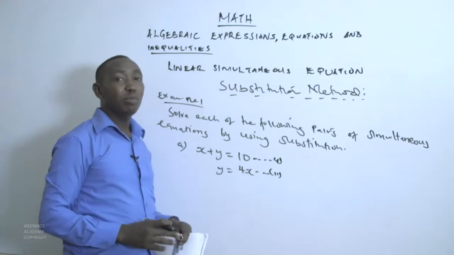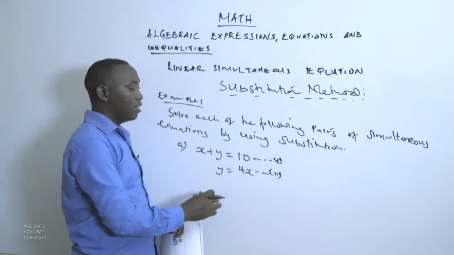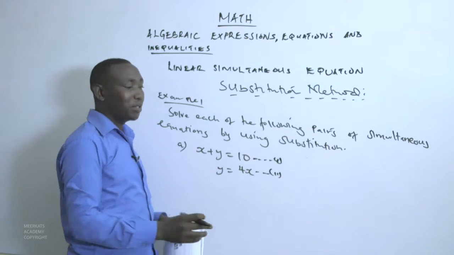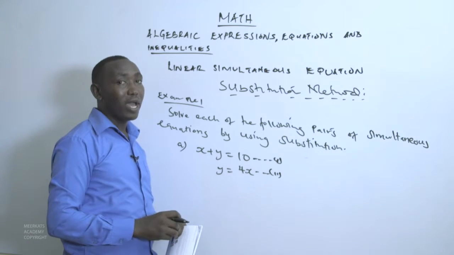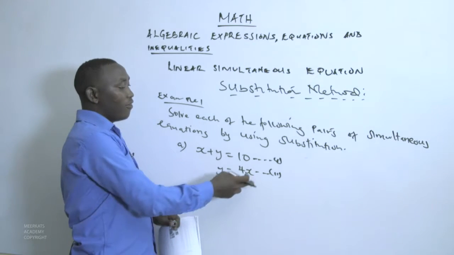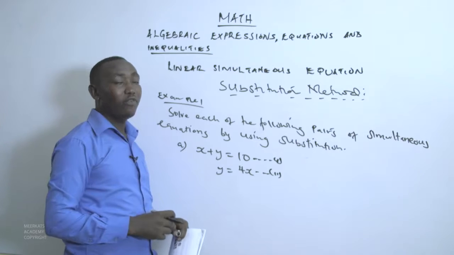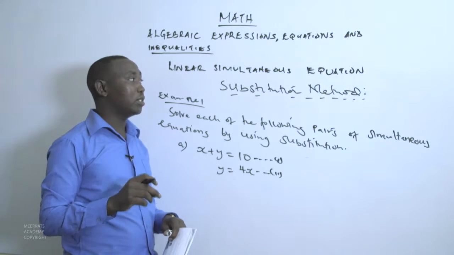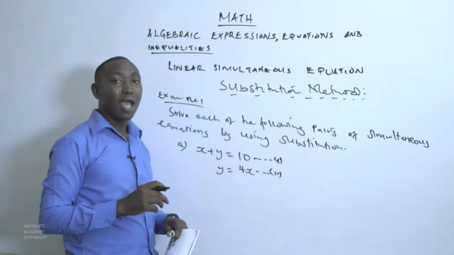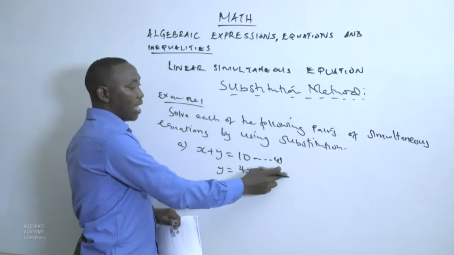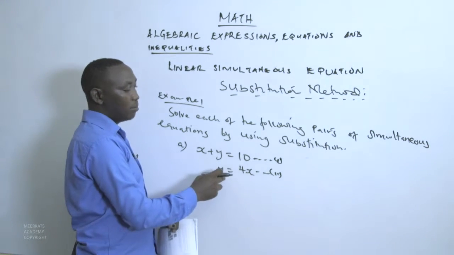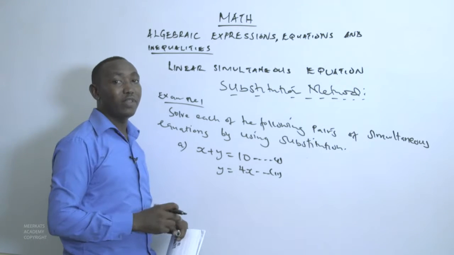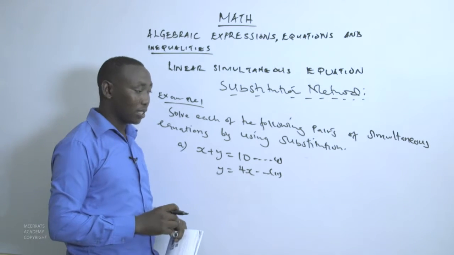Equation 2 has been simplified to give us the value of y in terms of x, that is y is 4x. And therefore, the first step in solving simultaneous equations by use of substitution has been done for us, giving us this second equation in terms of the other pronumeral, which is x.